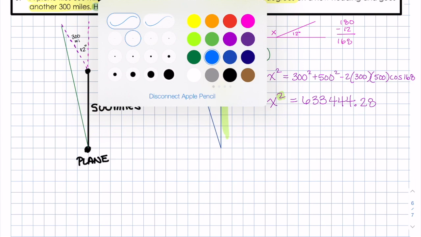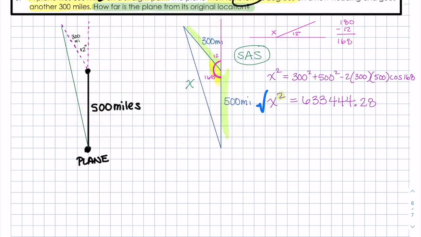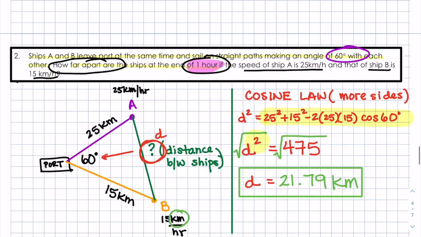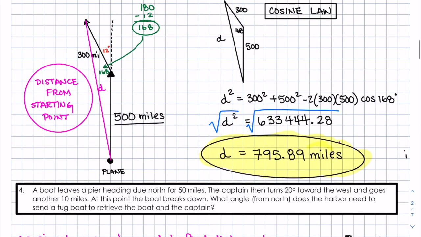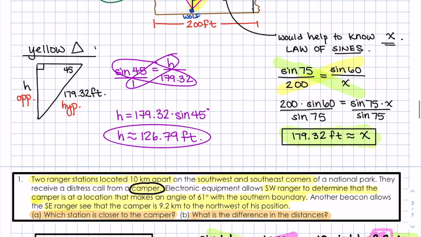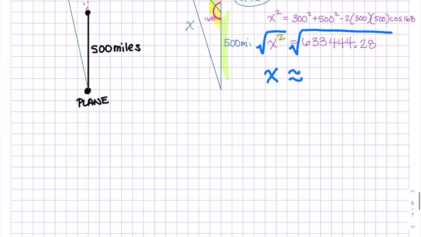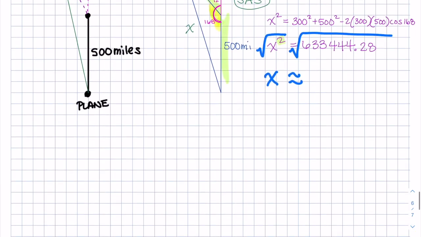Let me make it a little bit bigger. So square root, and then we'll get x is approximately 795.89 miles.